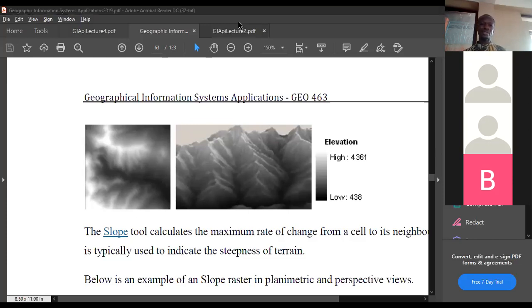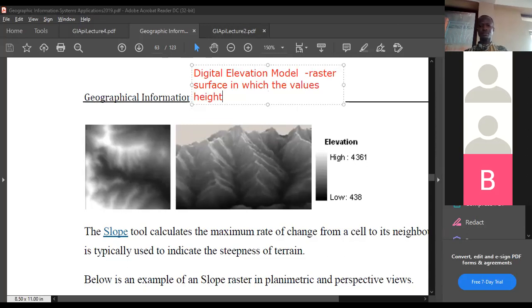I don't know if I've already said it, I probably have, but I'll repeat it again. It's a raster surface in which the values are actually heights.